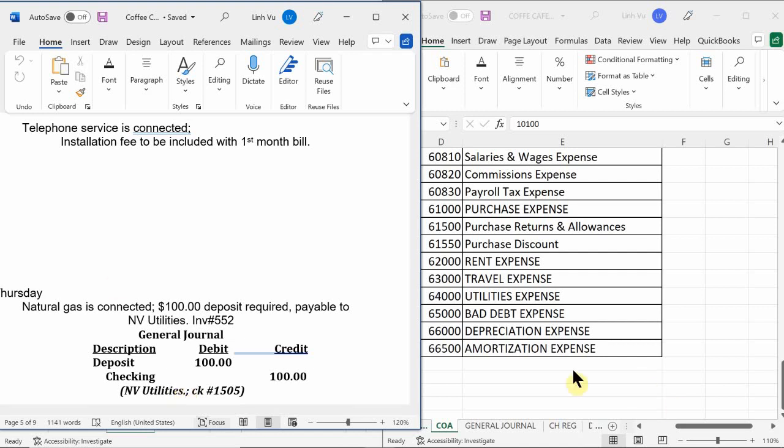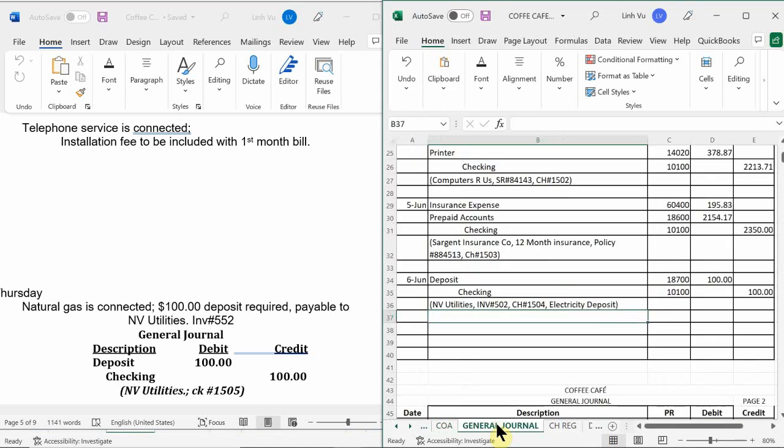So, how would we pay NV Utilities if we had to write out another deposit? For another $100.